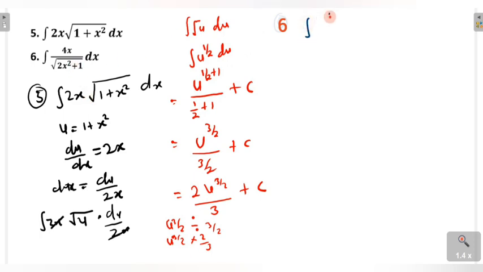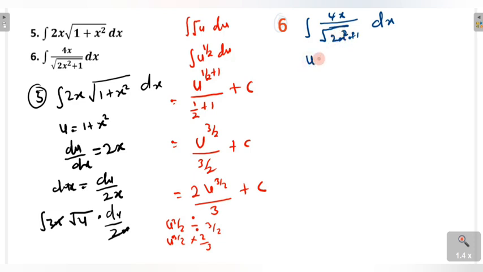integral of 4x all over square root of 2x squared plus 1 dx, the same thing. So you see that the highest power of this is 2, and the power of this is 1. So you can see that when you use the u substitution and differentiate, the power of this becomes 1, which is the same as the power of this. So we use the u substitution on this.